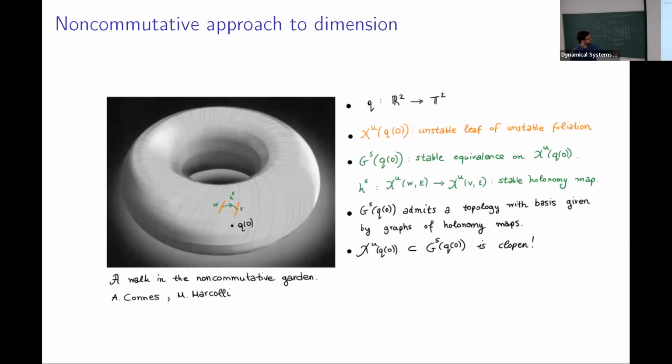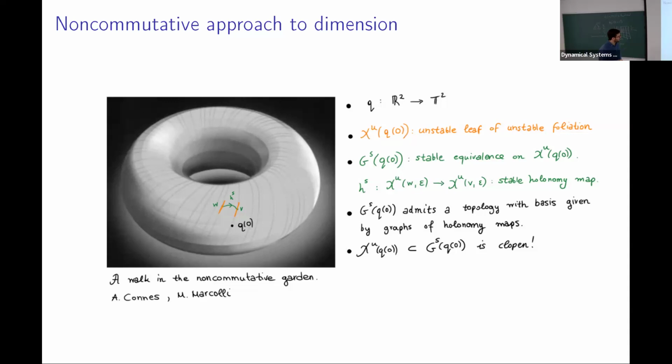And just a picture here, you have this torus, and take the point Q0, assume it's 0, so it's a fixed point under the dynamics. If you see these thin lines, assume they form the unstable leaf of this point, and it wraps densely in the space.